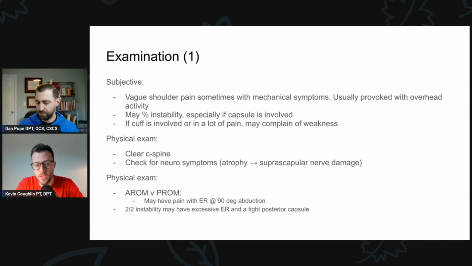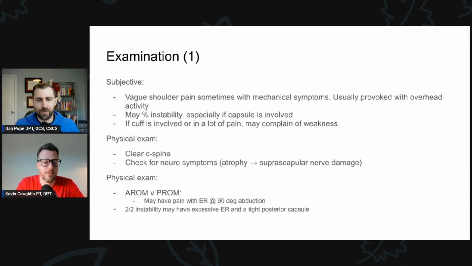And then continuing with our physical exam, checking active range of motion, checking passive range of motion. These folks may have pain with external rotation in 90 degrees of abduction. There are a few special tests that replicate this position that we'll talk about.